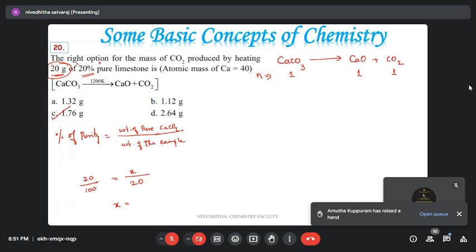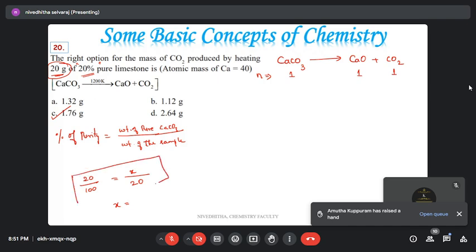Ma'am, 1.76. No. In this 20% pure limestone, I'm asking how much gram of pure calcium carbonate is present? 0.01. Okay. We'll see, Kana.